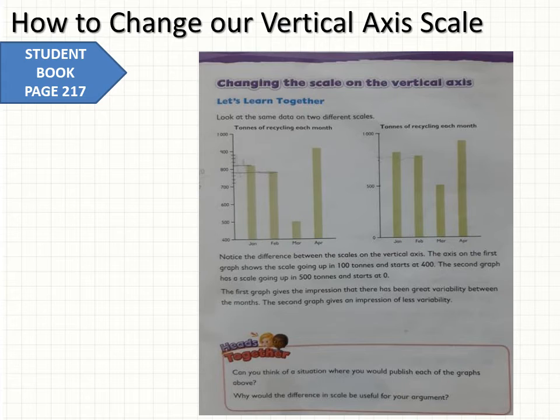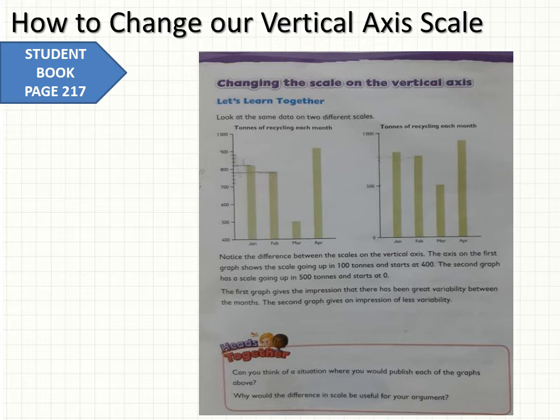The meaning of that is that the first graph makes us think that the difference between the months is too much. But the second graph gives an impression that the difference between the months is not too much. Okay? Why? Just because of the scale that we have chosen.